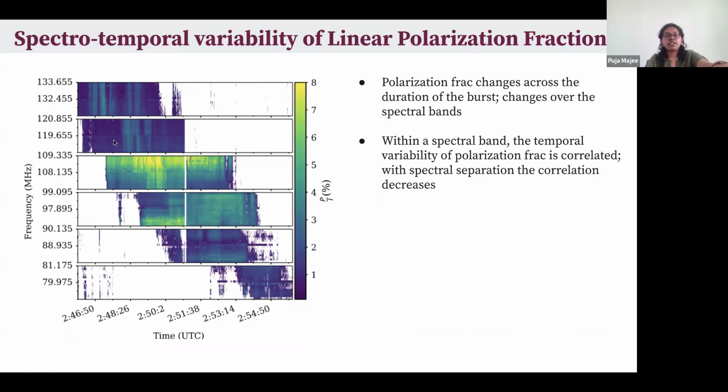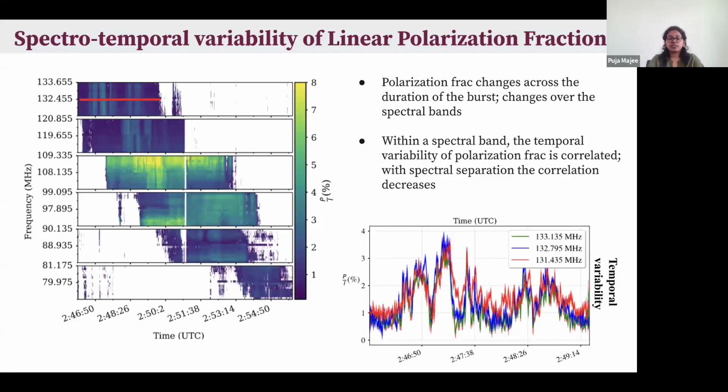And also, if I take a cut across this and then show you the temporal variability, you will see that very close-by frequencies are showing similar behavior. So this green line and the blue line are very close-by frequencies, and you can see here that these two lines are tracing each other very closely.